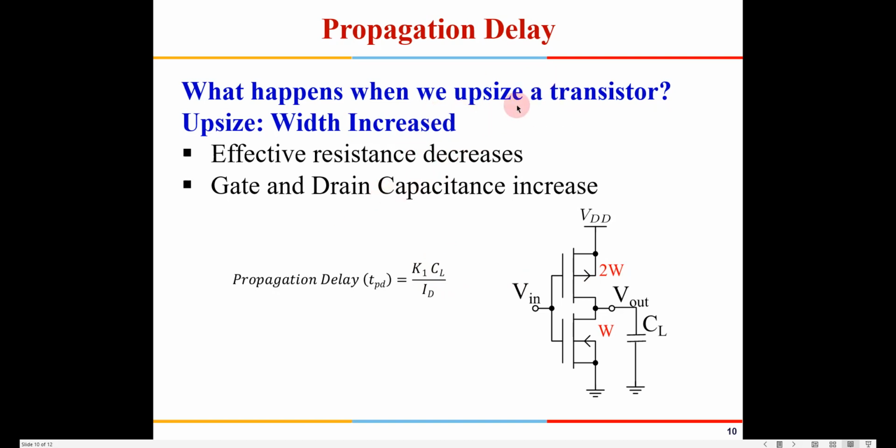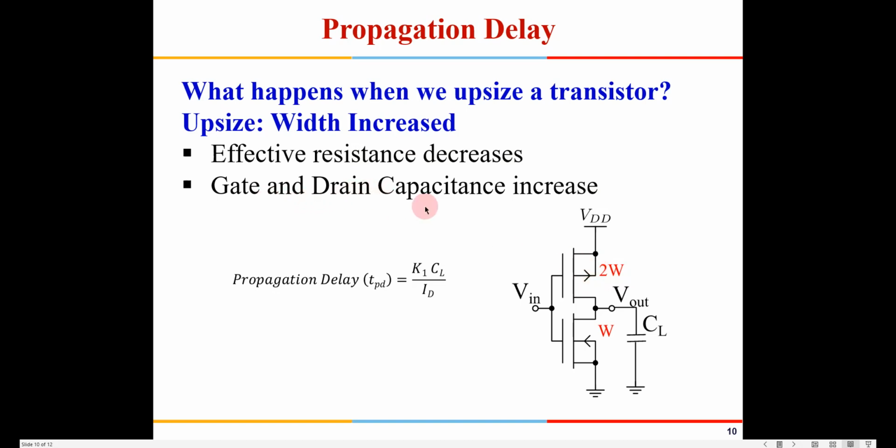So if I double the width, what happens? The current increases, since the channel width is increased. In the ID equation you will find W is in the numerator, so the current increases, or you can say the resistance of that particular channel decreases.